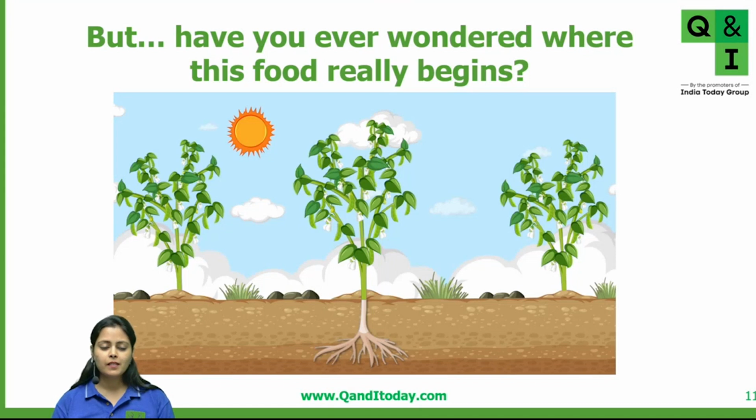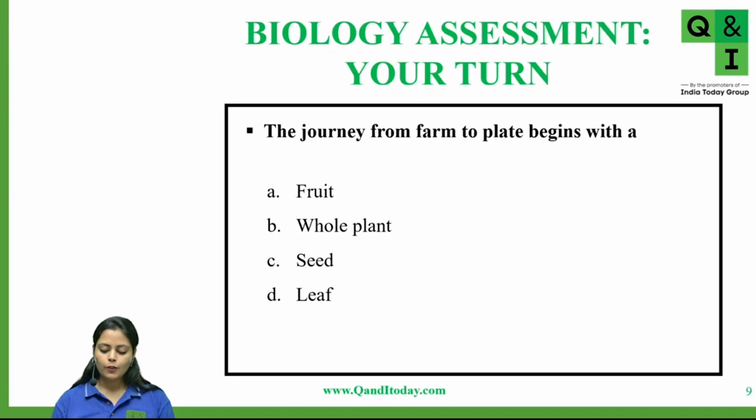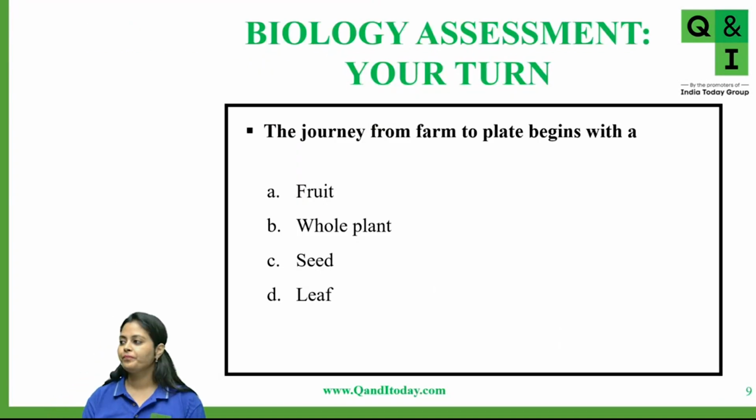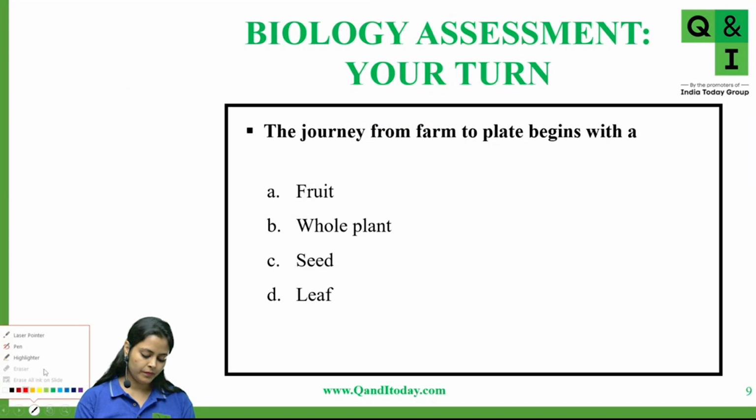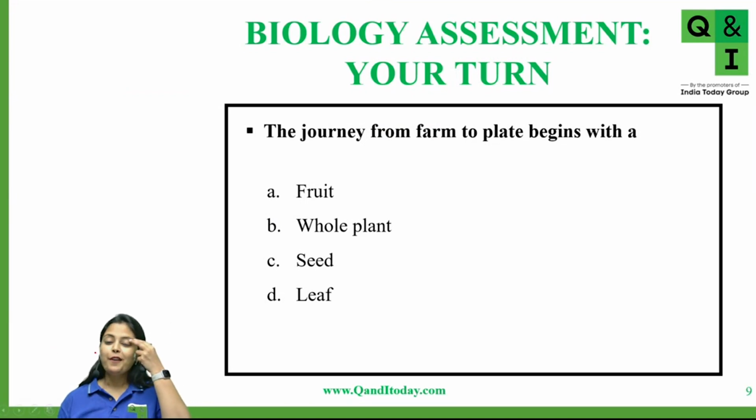Can I say this? Yes, ma'am. Got it? So now students, solve this question. Seed, ma'am. Option C. Okay. For answers, everyone write your answers in the chat box so that you do not disclose your answers to your other mates, okay? Write your answers in the chat box, everyone.